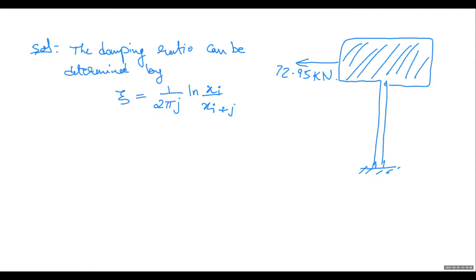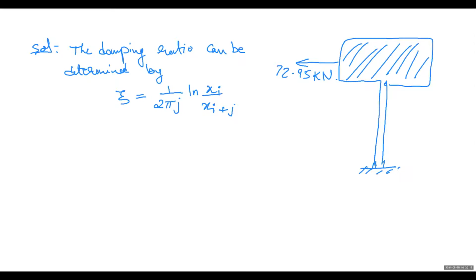So this is the formula to calculate the damping ratio. In terms of acceleration, you can also write the formula, with two dots in place of the displacement. Since we have displacement, we use the displacement formula.